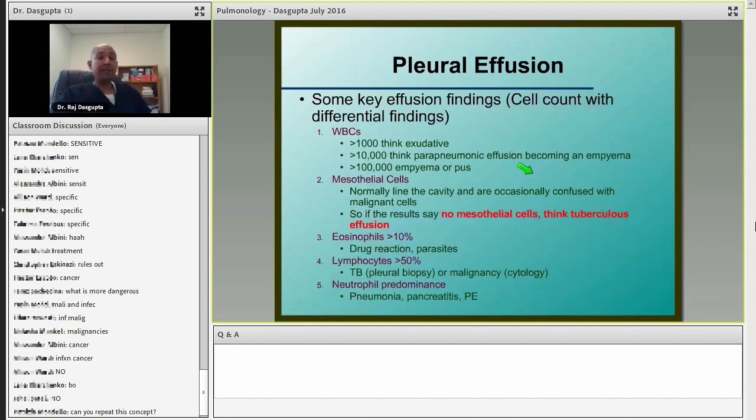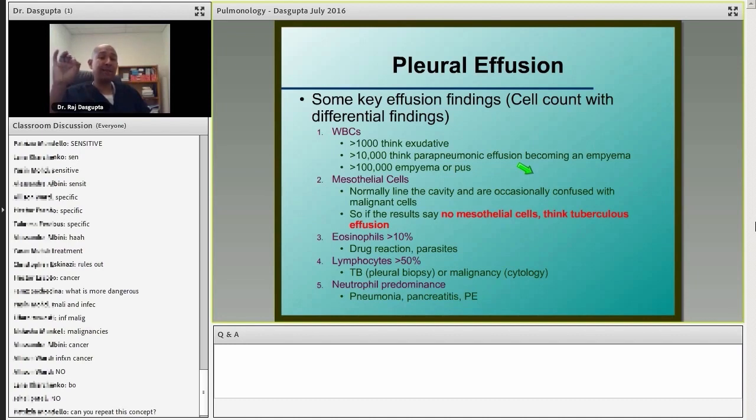Then, when we talk about the pleural fluid findings, don't copy any of this. Let me just say this, be very practical. Once you get the fluid, you put the patient through a procedure, don't be cheap. Order what you want. So things I look at, how many WBCs are there? More important than how many, what type? So if it's going to be a neutrophilic exudate, no big deal.